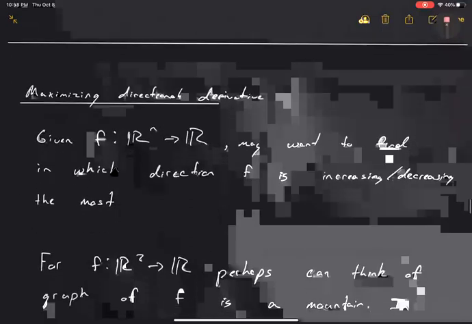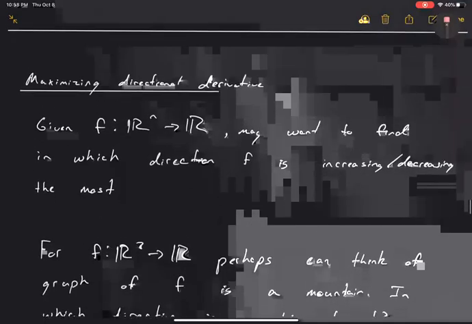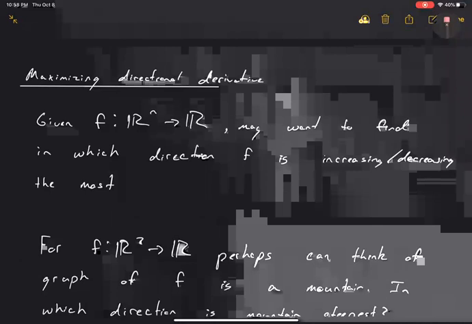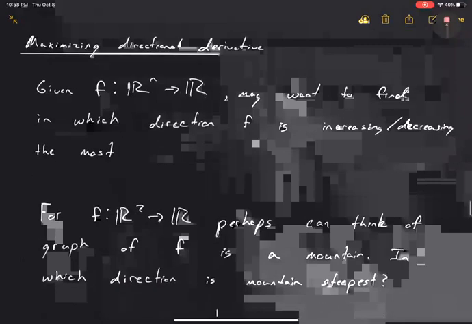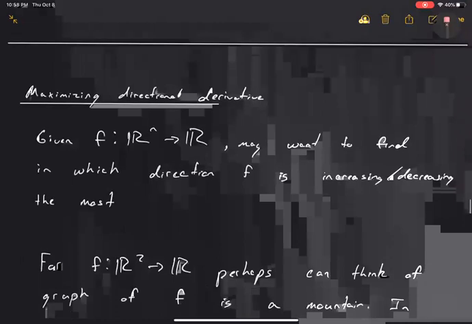One thing we're commonly interested in is how quickly our function is increasing or decreasing in a certain direction. And in particular, what direction does it increase or decrease the most in? In which direction is the greatest rate of change?